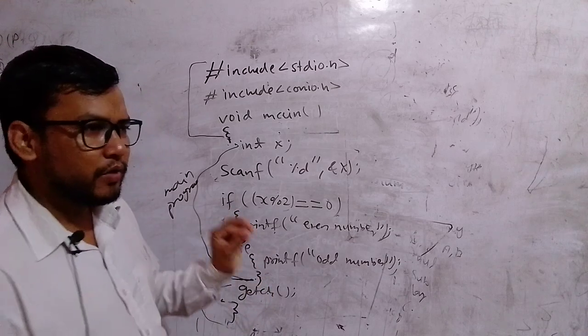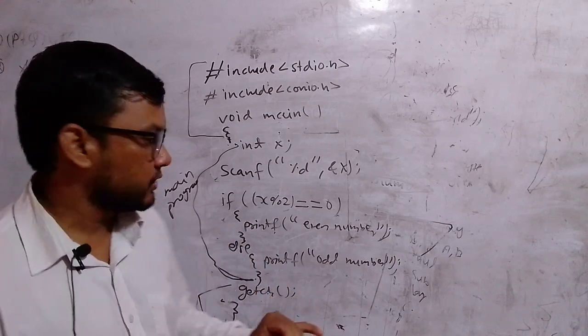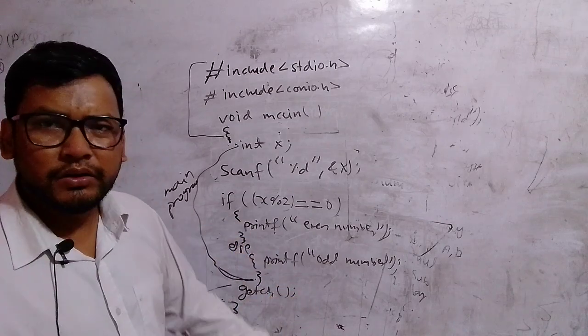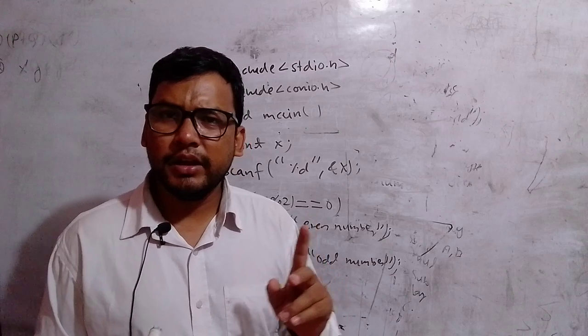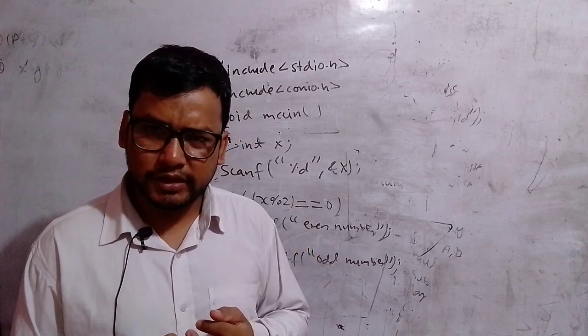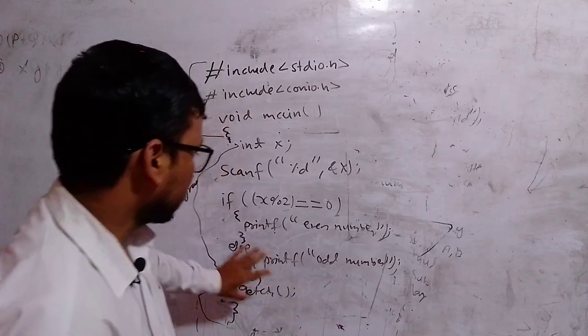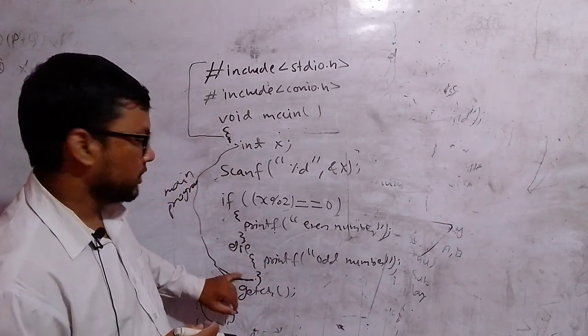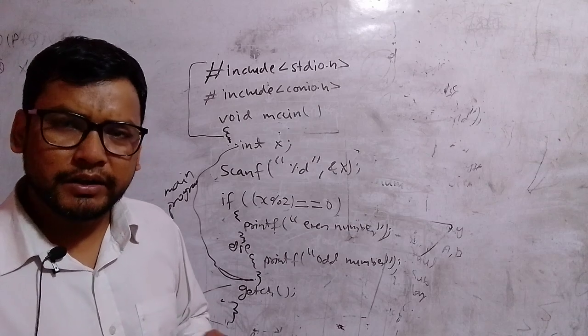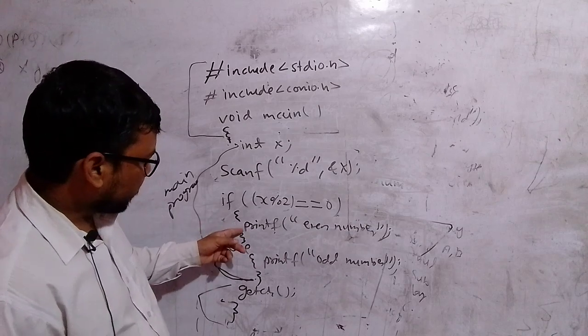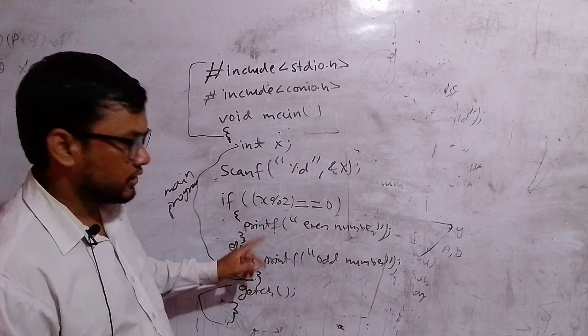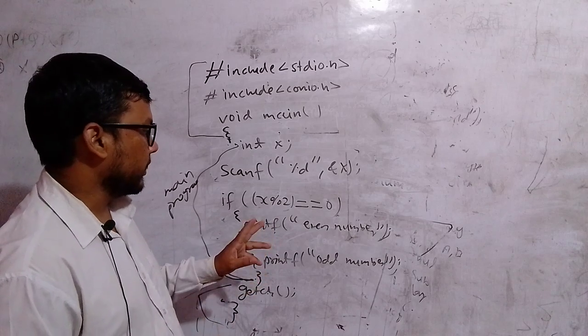That means at one execution, only one of them, either the if statement or the else statement, will be executed, not both at the same time. Both statements do not execute at the same time.